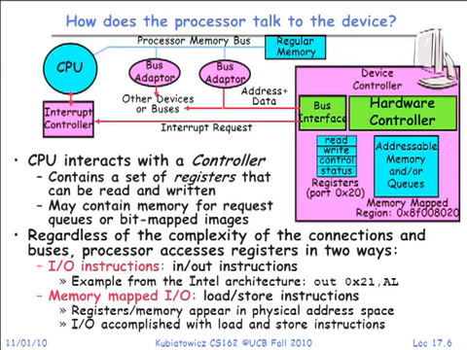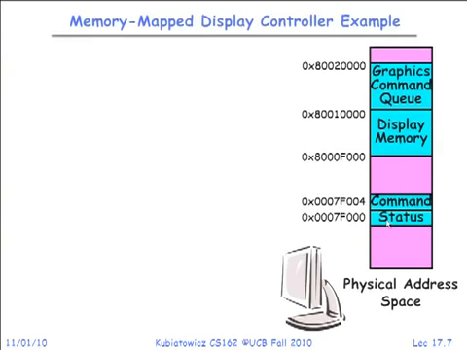Here is a typical physical address space for some device. Ignoring the I/O devices for a moment, I've got registers like status and command registers, which are part of the physical address space. Then I've got a bunch of memory, which is another part of the physical address space.